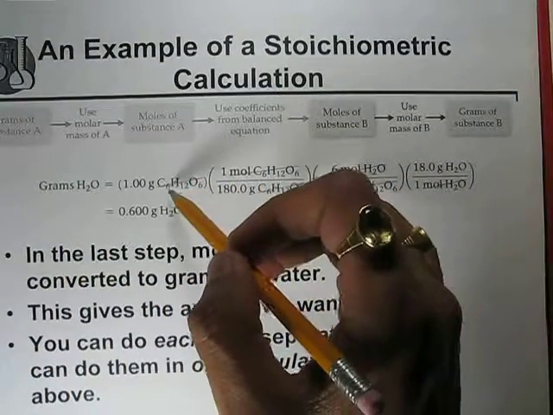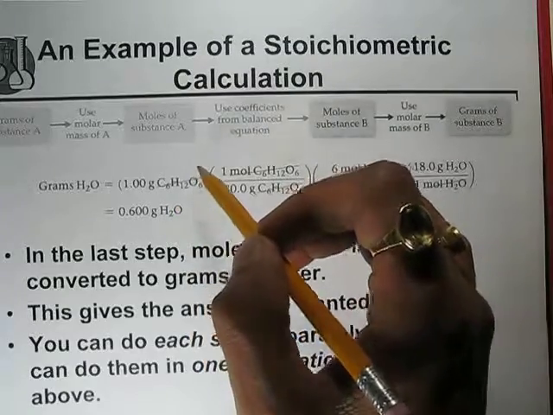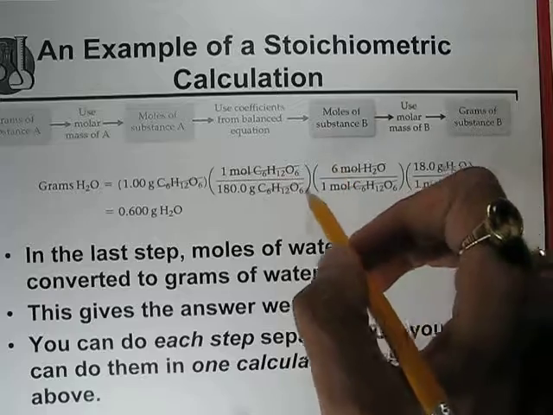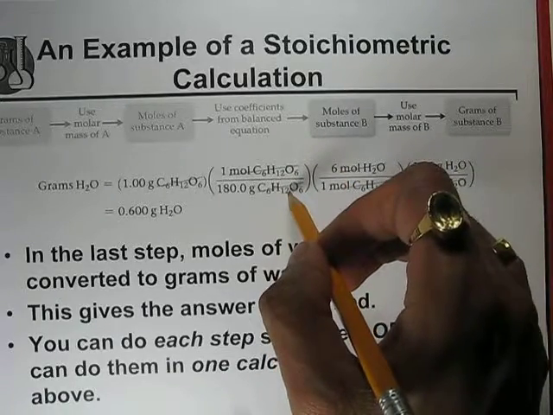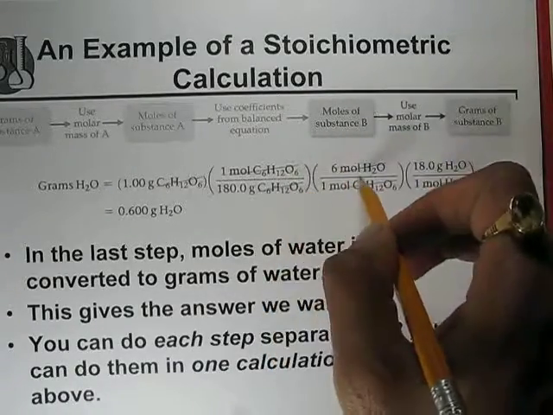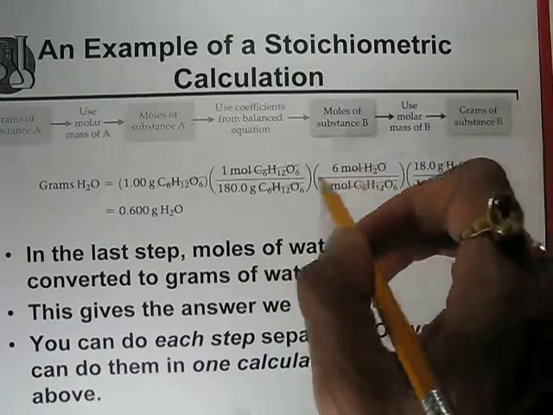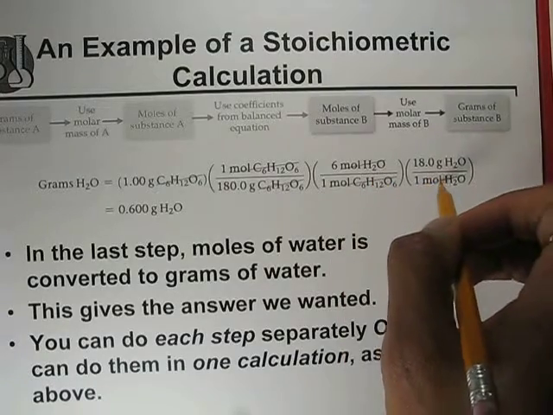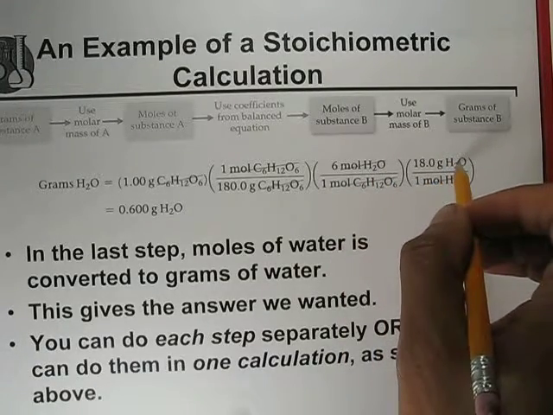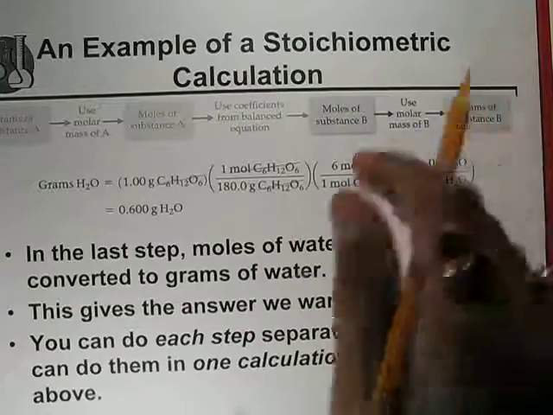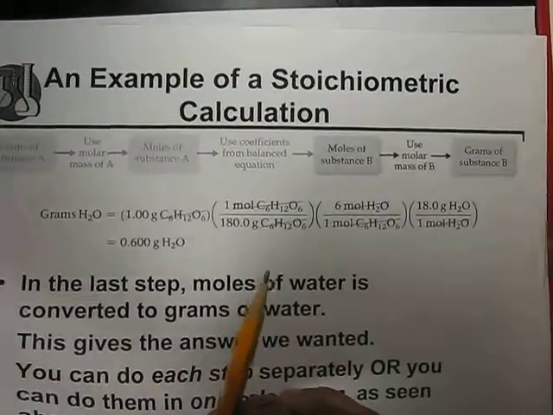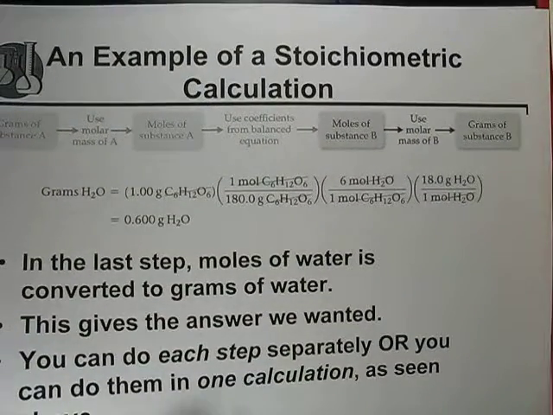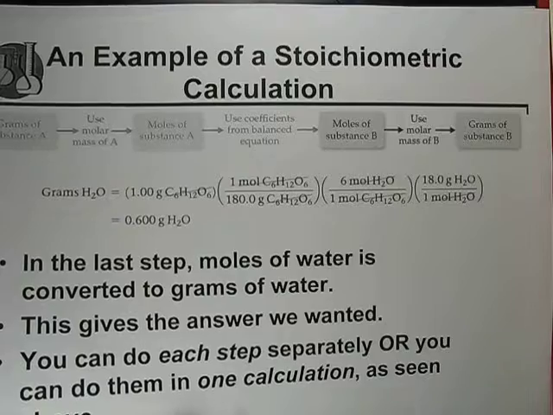First we converted 1 gram of glucose into moles of glucose, and from the moles of glucose we found the total moles of water, and then we converted those moles into gram quantities. So this was another example of stoichiometric calculation, how to convert gram quantities into moles, or moles into grams.